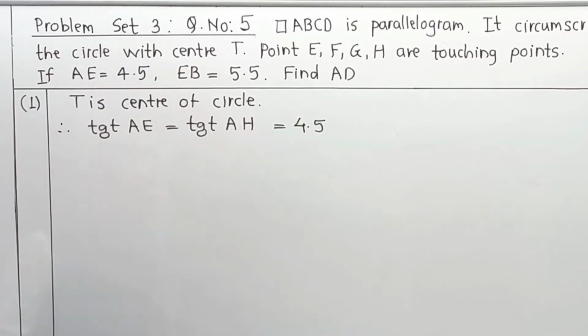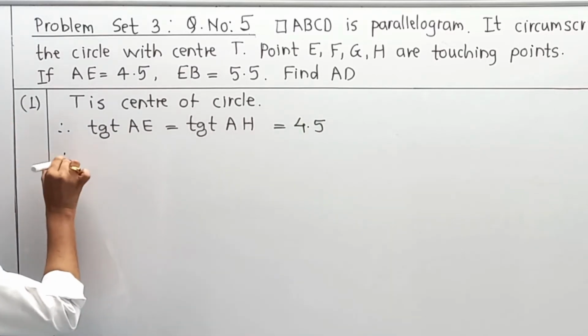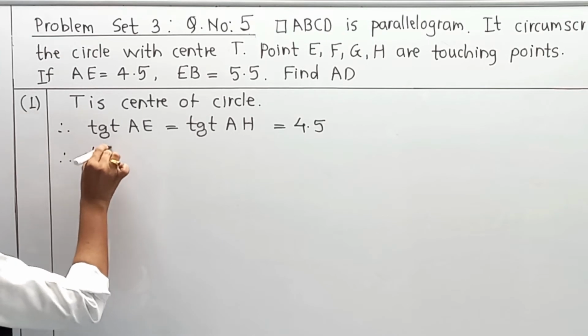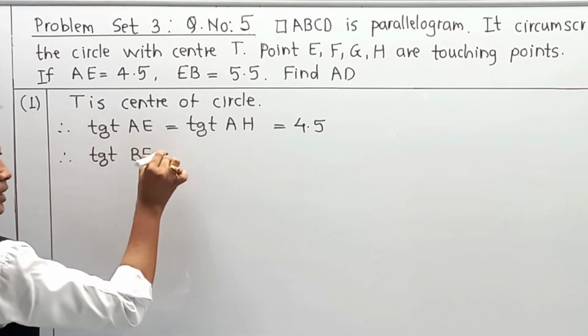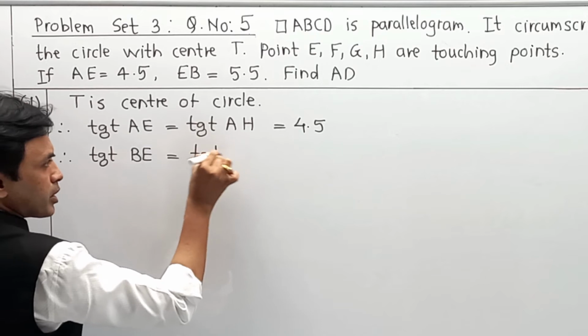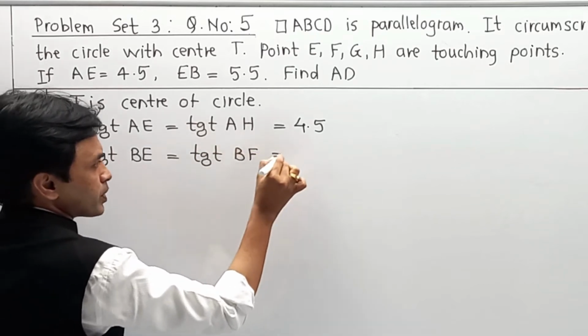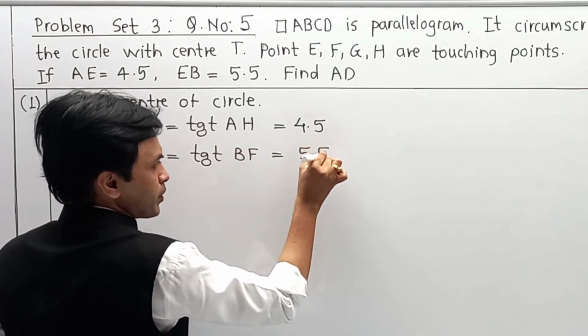Next, tangent BE is equal to tangent BF, which is equal to 5.5.